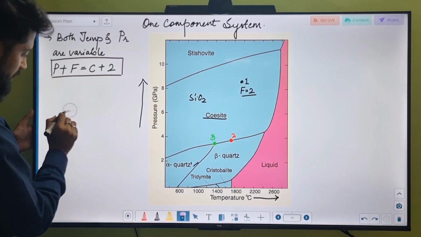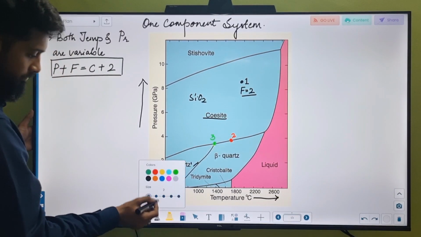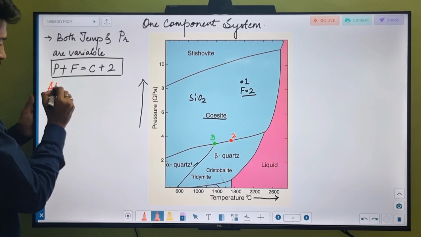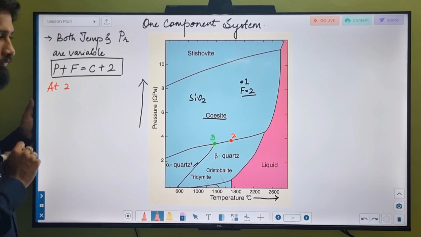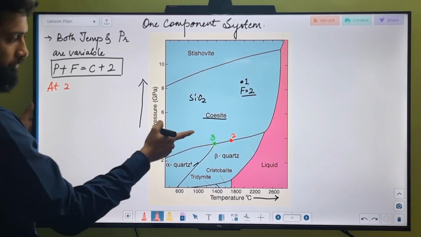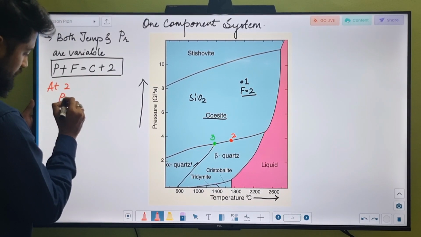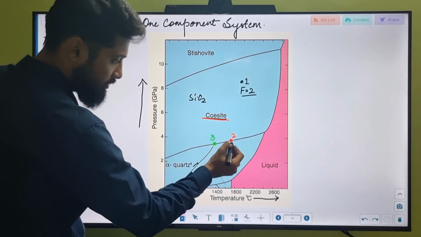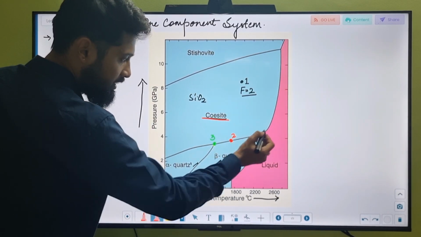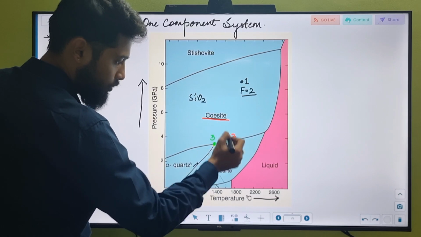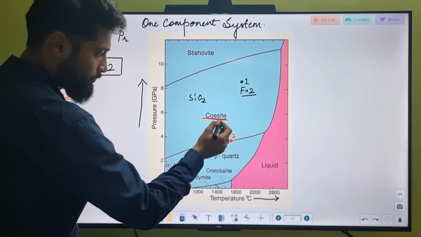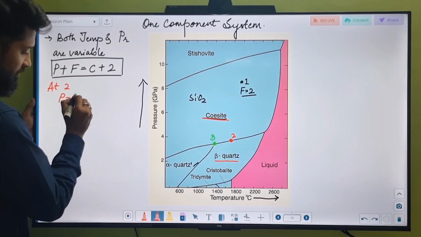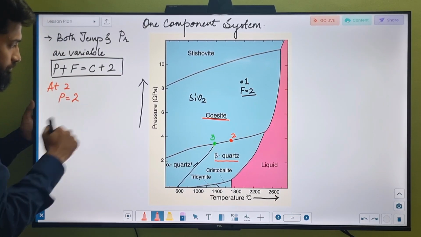Again the same formula. At point 2, we have two phases. One is coesite, because the point is lying on the line which divides coesite and beta quartz. So we have coesite and beta quartz, so phases will be 2.